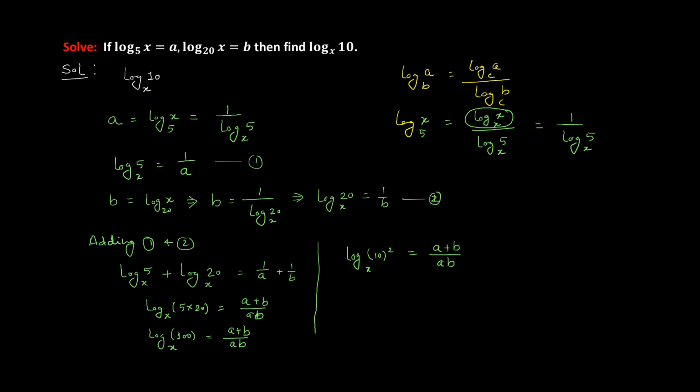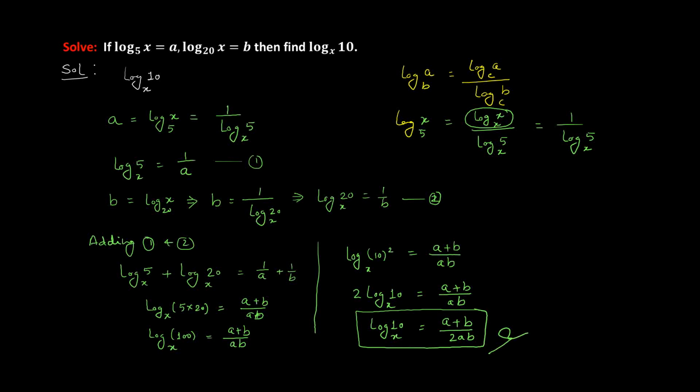We can say log m to the power n equals n log m, so it can be written as 2 log 10 to the base x equals (a plus b) by ab. So hence we can say log 10 to the base x will be (a plus b) divided by 2ab, and this will be our final answer.